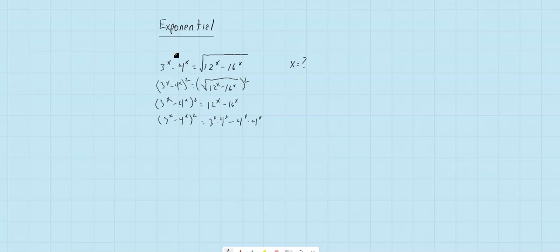And we can write this like this, (3^x − 4^x)². And this we could write this as, we have a common 4^x, so we can write this as 4^x times (3^x − 4^x).